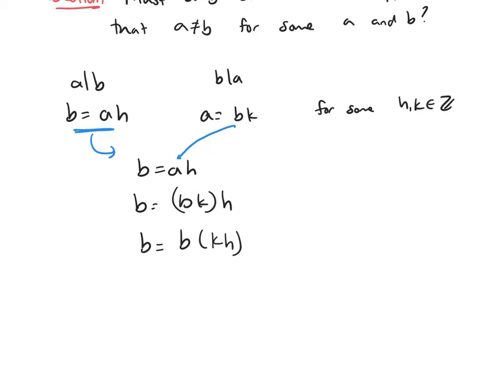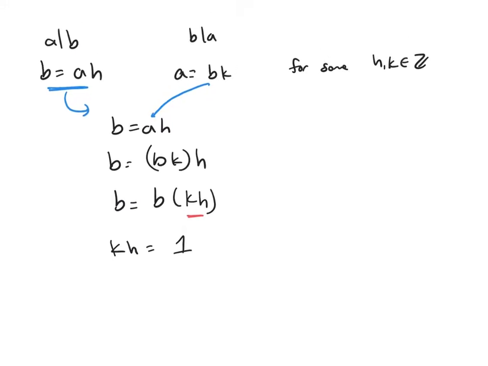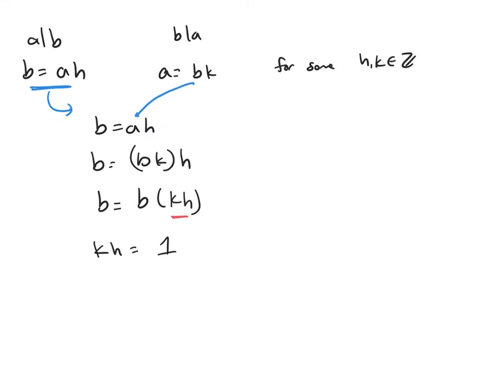So that means that b times something equals b, so this something in the parentheses has to be 1. K times h must be 1. So what are the possibilities for k and h? Remember, k and h are whole numbers, they're integers, so they could both be 1.